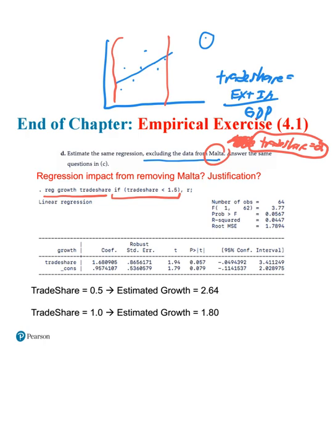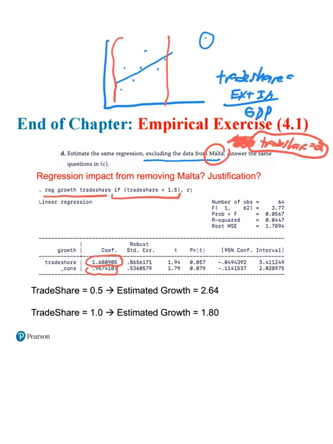So when we exclude Malta, which has a large trade share, we find that the trade share coefficient is no longer above 2. Now it's 1.68. And the constant that was 0.64 before is now 0.95. So that outlier significantly impacted our coefficients.